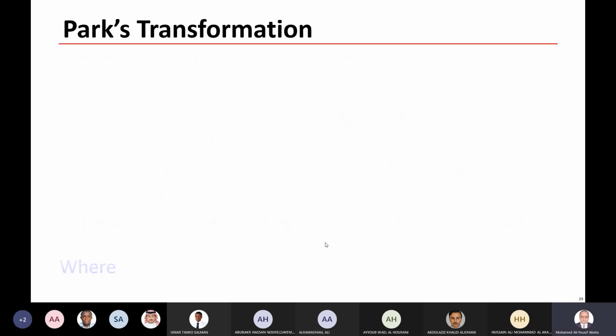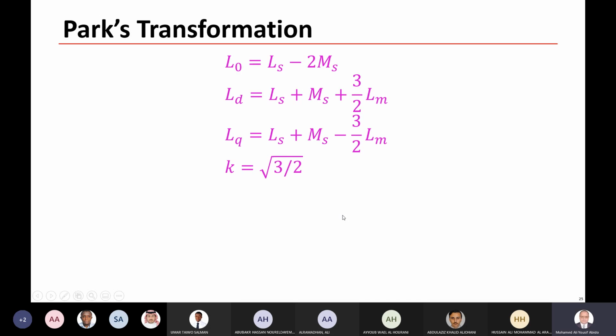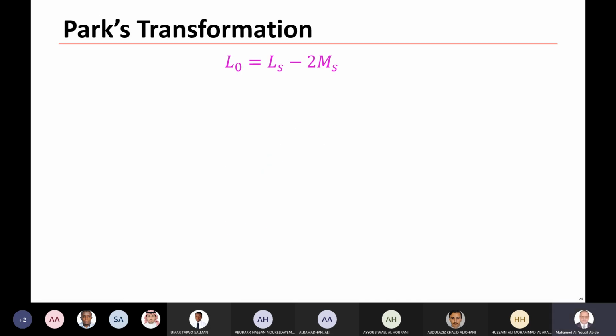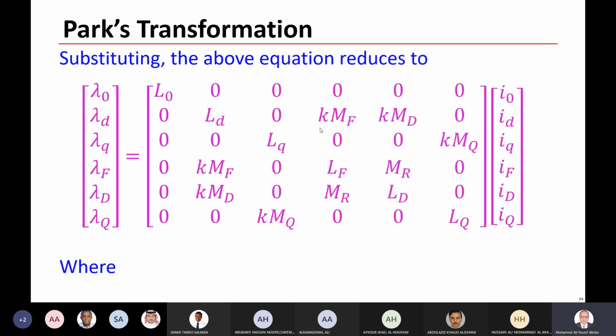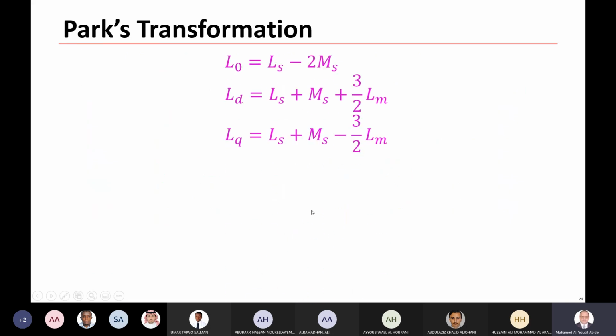So you have here L0 defined as such, and this comes from the Park's transformation. LD, LQ, and this factor K here is the square root of 3 over 2.